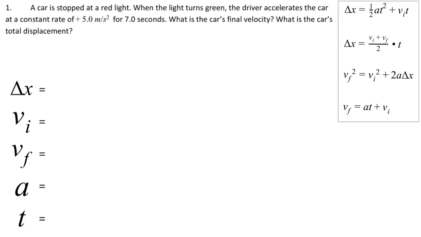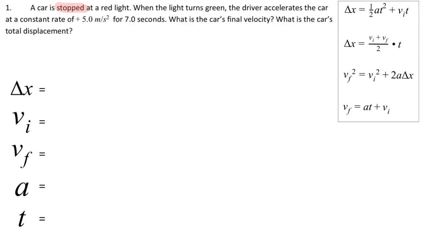Alright, the first thing you want to do is read the word problem really carefully. I usually read it at least 3 times, and at least until I have a mental picture of what the story is trying to tell me. So you want to have an annotation tool, so I'm going to get my little red pen. A car is stopped, I'm going to highlight stopped, at a red light.